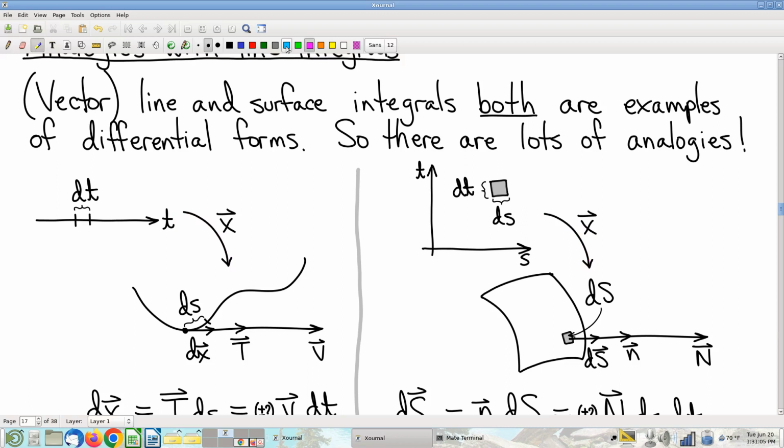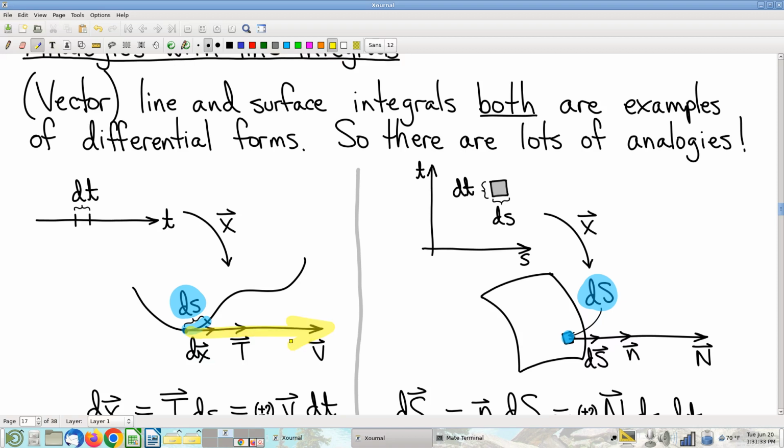We've talked about, for example, the ds scalar representing the size of a piece of curve, and the ds scalar over here representing the size of a piece of surface. Now, one's length, one's area, they're different, sure, but they both represent size. In each case we have what I'm going to call a derivative.